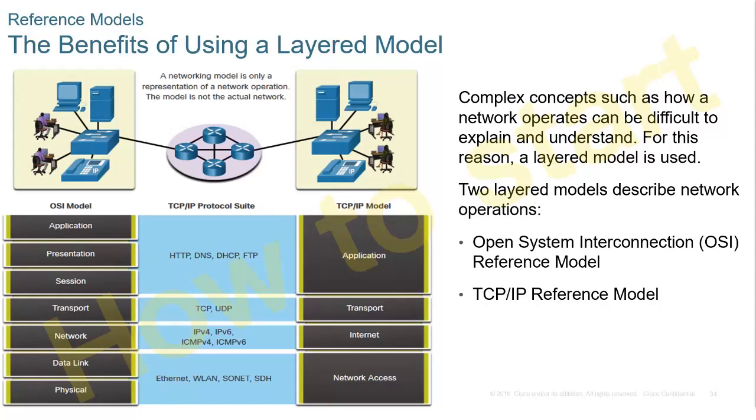You'll see that for OSI, the top 7, 6, and 5 layers line up with TCP's 4th layer. These 3 are this single layer. They have matching transport, and they have matching network or internet layers. And then the network access is the data link and physical layers lining up.